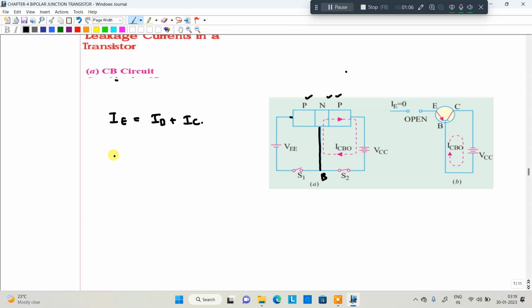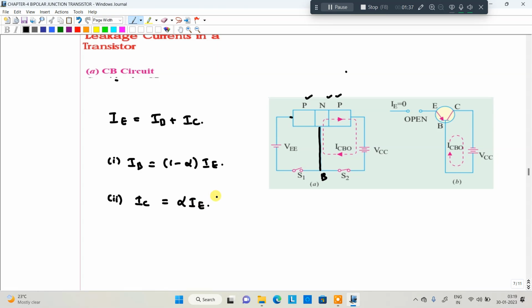Now the base current, you will get in terms of IE: (1 minus alpha) into IE. You know that formula. I don't want to repeat how to get (1 minus alpha) into IE; in the previous lecture we gave complete details related to those formulas. Second, the collector current in terms of the emitter current is alpha into IE.